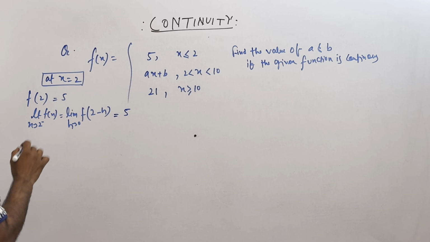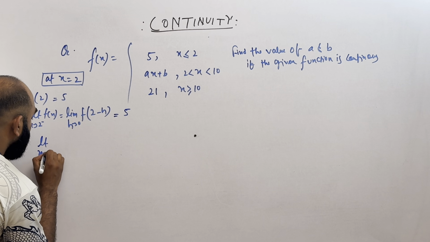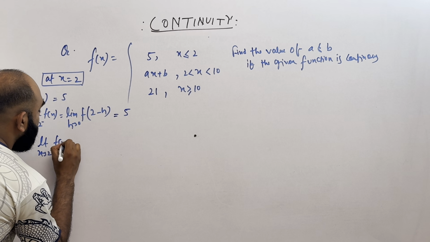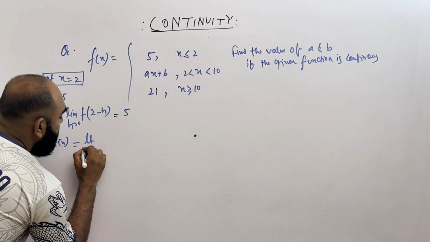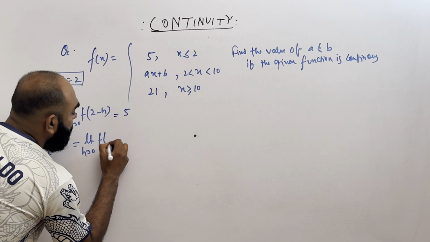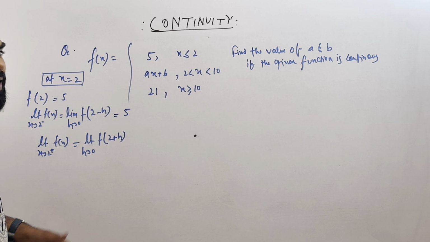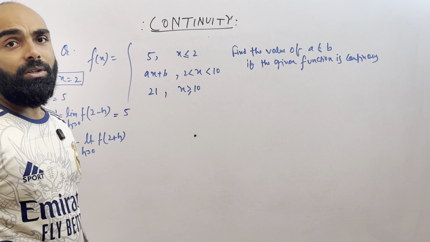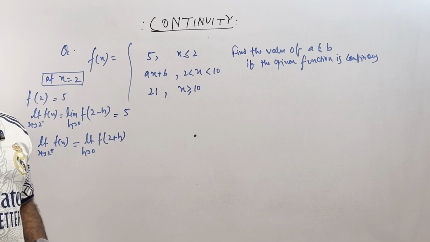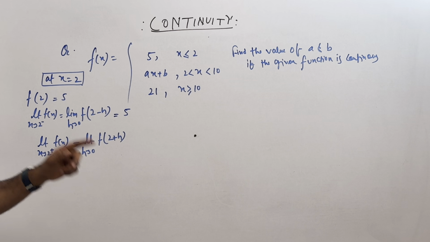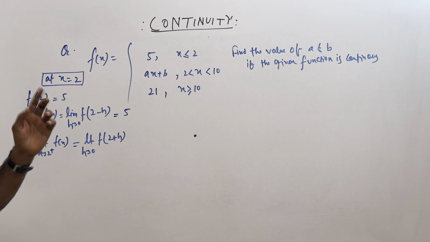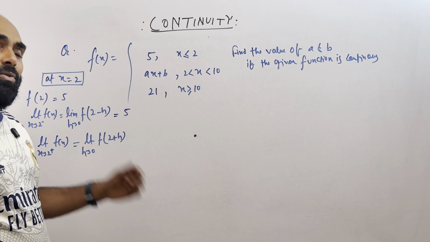Now, limit x tends to 2 plus f of x is equal to limit h tends to 0 f of 2 plus h. They are saying now go in the function which is valid for x greater than 2, not equal to 2 also, greater than 2. And in that function, in place of x keep 2 plus h. Which function?